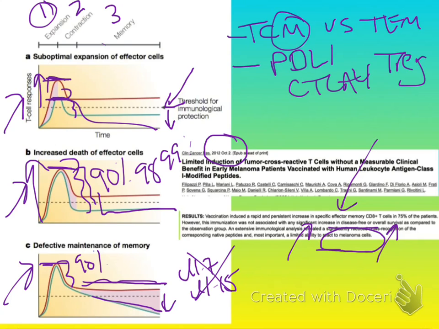So they were there, they were present, they were memory cells, but they weren't actually able to kill. So they could have been exhausted, as Usman mentioned, or they could just not be expressing the proper amounts of effector molecules at that time. So again, lots of thought currently ongoing about ways to make memory T cells persist, but also to make those memory T cells of the proper quality.